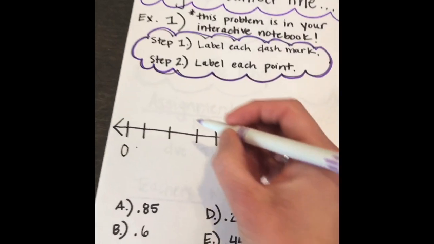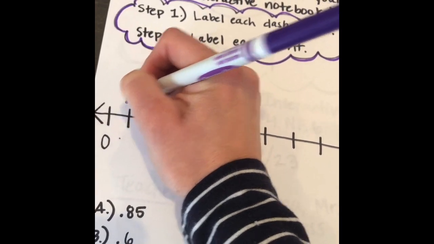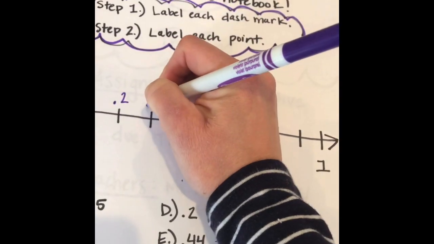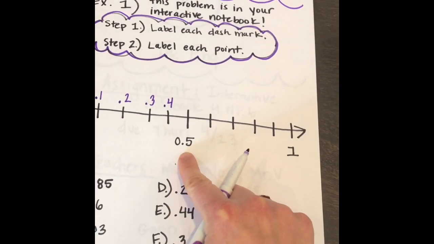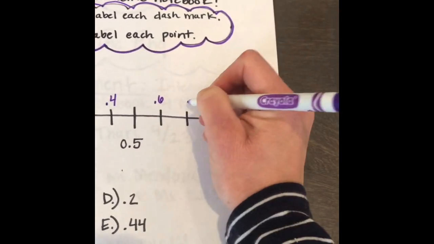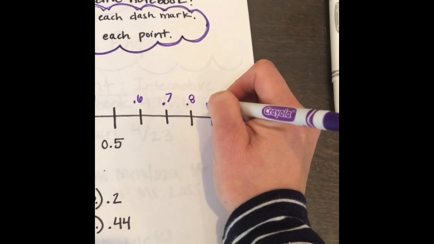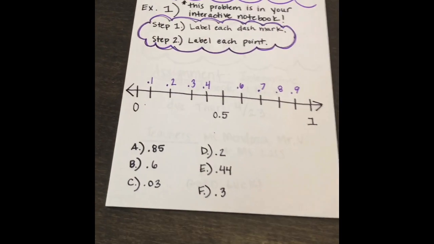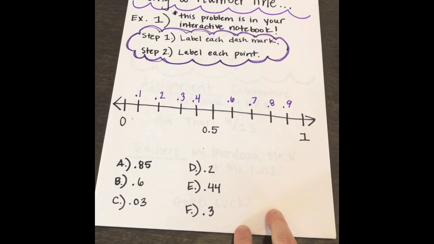So I'm going to go ahead and do that now. 0, 0.1, 0.2, 0.3, 0.4, remember our 0.5, okay, 0.6, 0.7, 0.8, 0.9, okay?